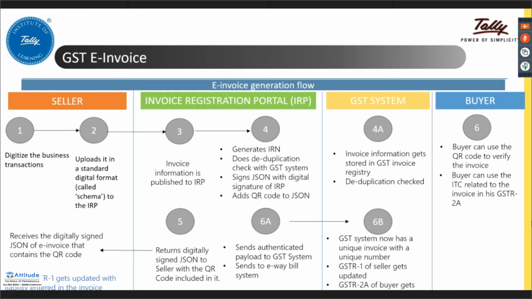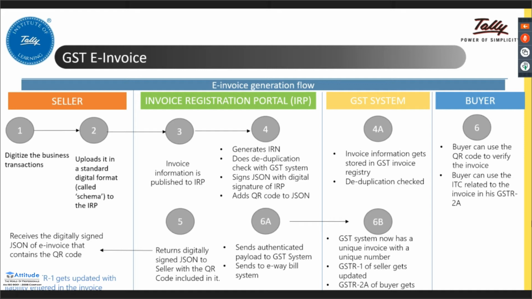So here it is just one click. We have to issue an e-invoice, and the rest of the things are all automated. Whatever processes we have seen from the IRP and the GST system point of view are all automated. So this is how the e-invoice generation flow will work.